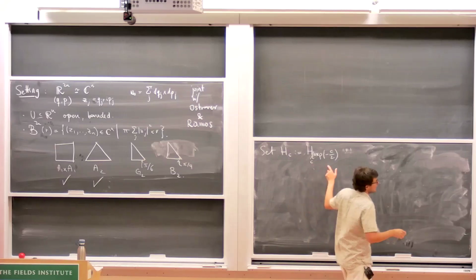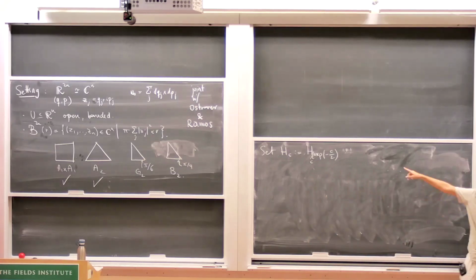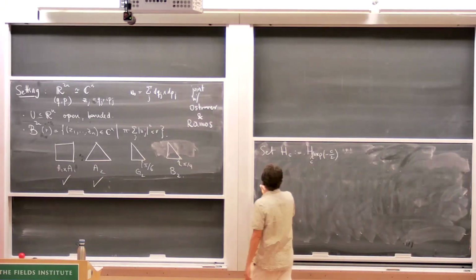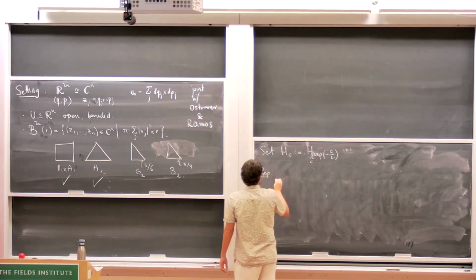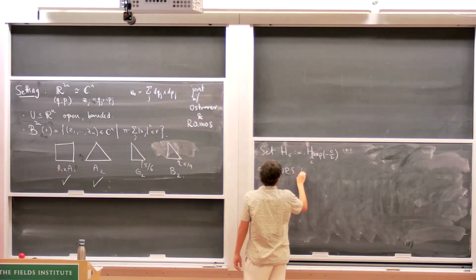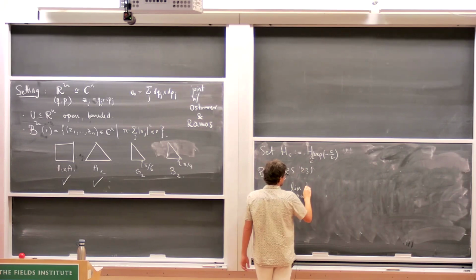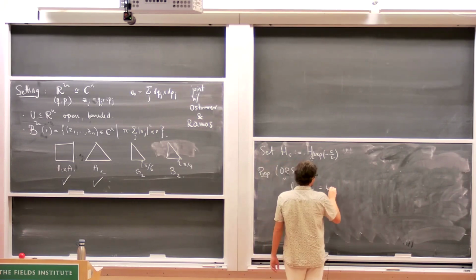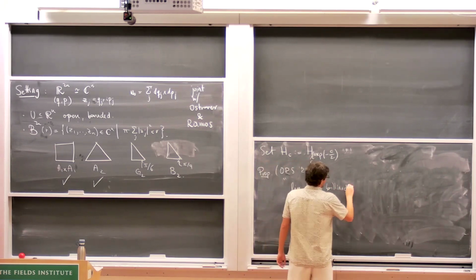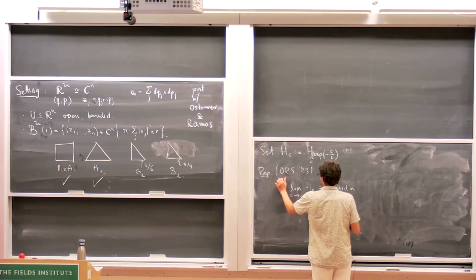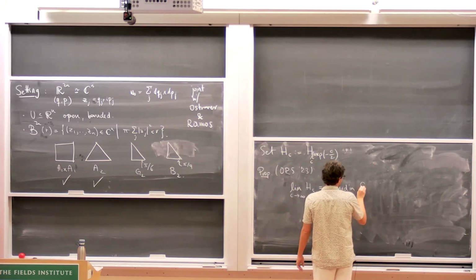So my constant alpha is the square of this gadget. Then we can prove that the limit as C tends to infinity of H_C is equal to the billiard in S, A_N.